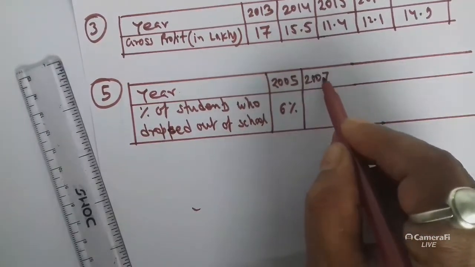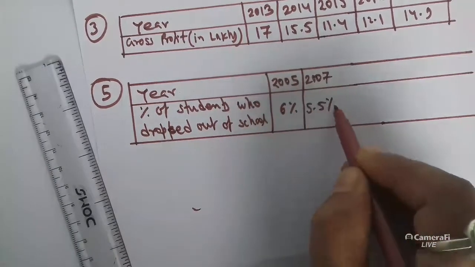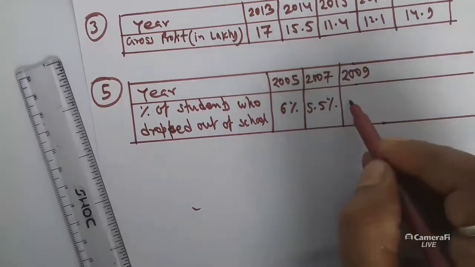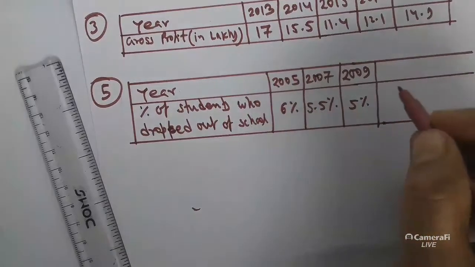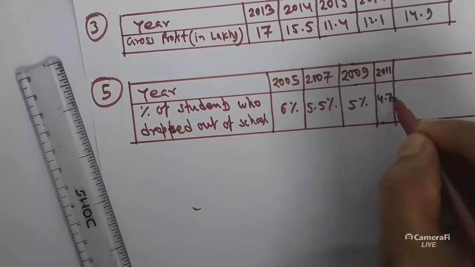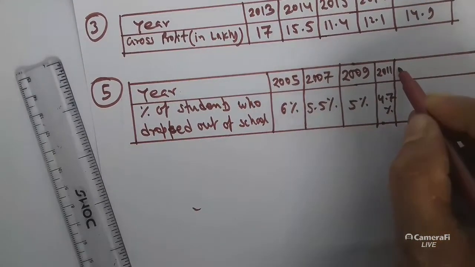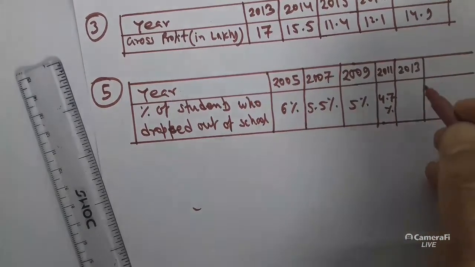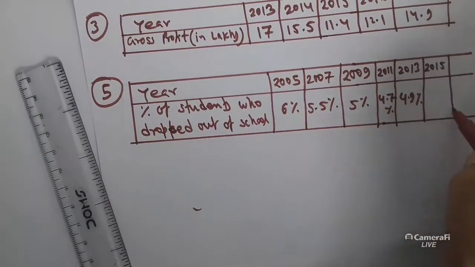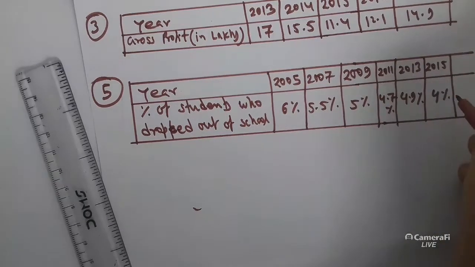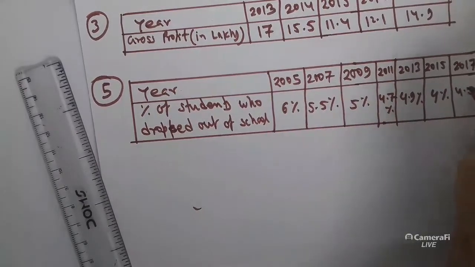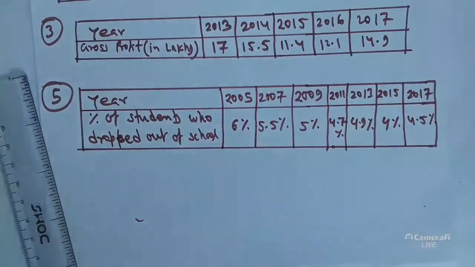In 2007, 5.5%. 2009, 5%. 2011, 4.7%. 2013, 4.9%. 2015, 4%, and 2017 is 4.5%. So this is the given data.